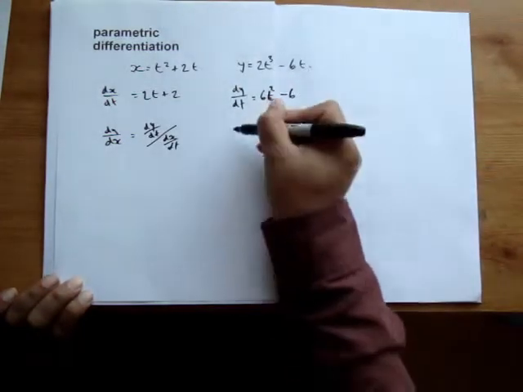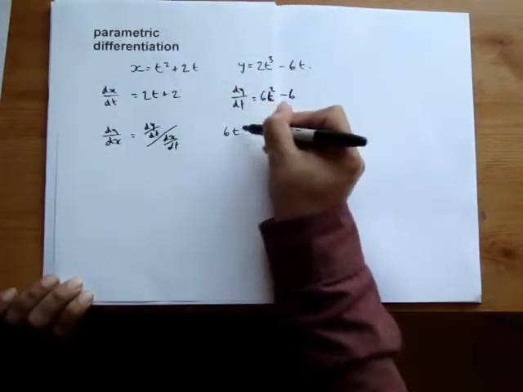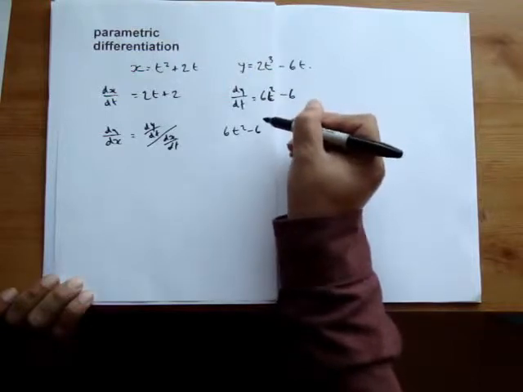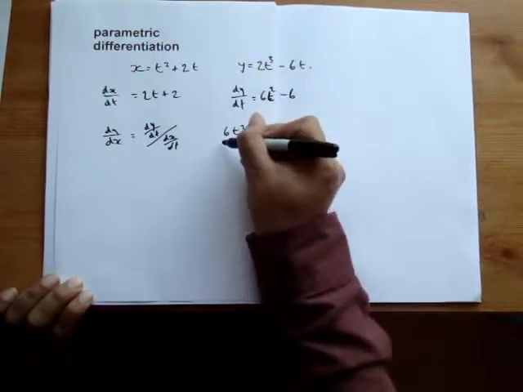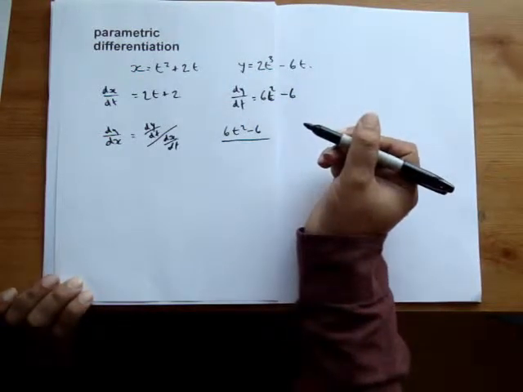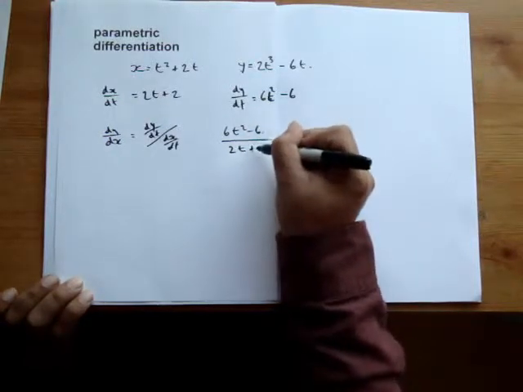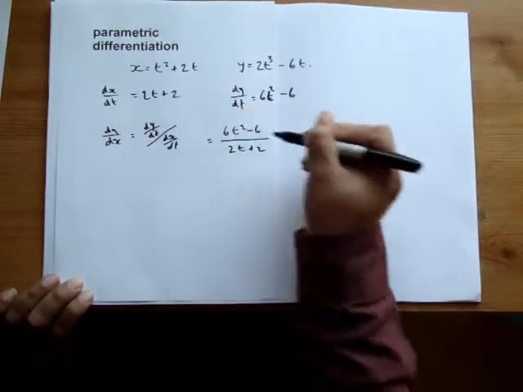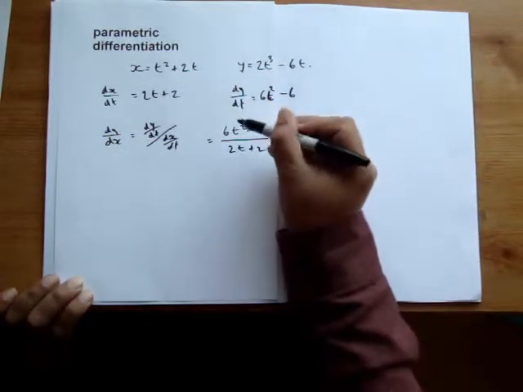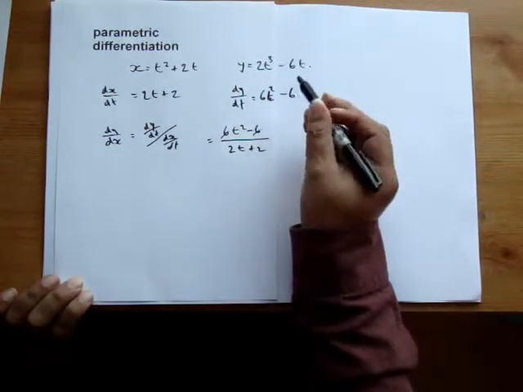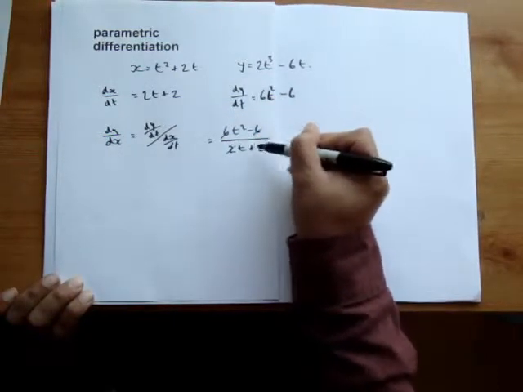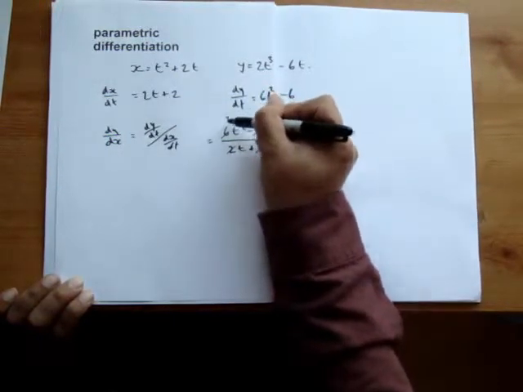So dy by dt is 6t squared minus 6, and dx by dt is 2t plus 2. The 6's cancel out with 2's, so we get 3, 3.